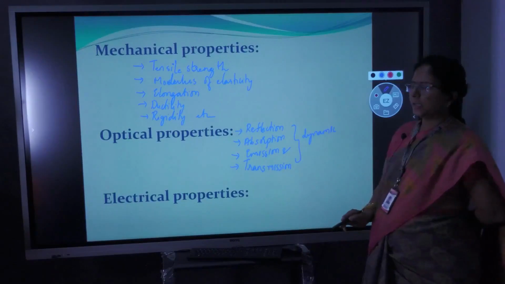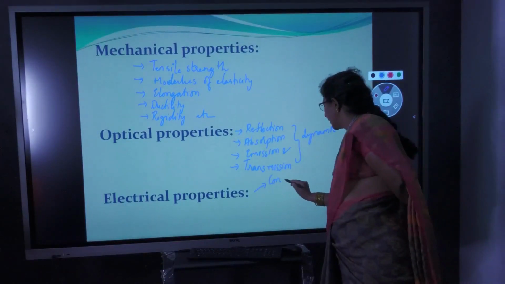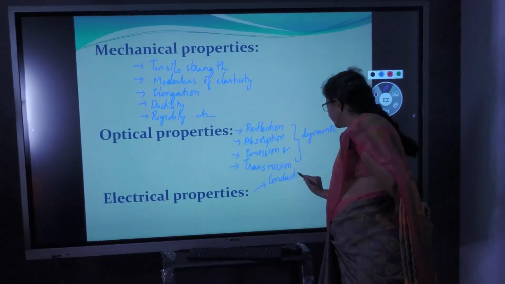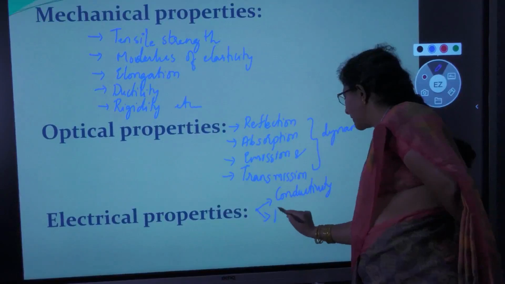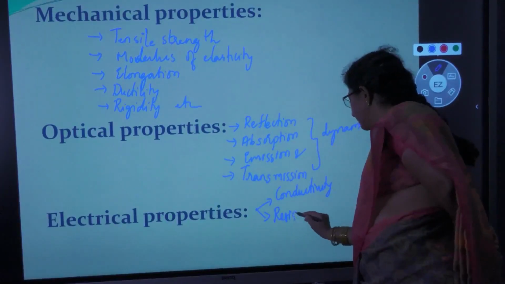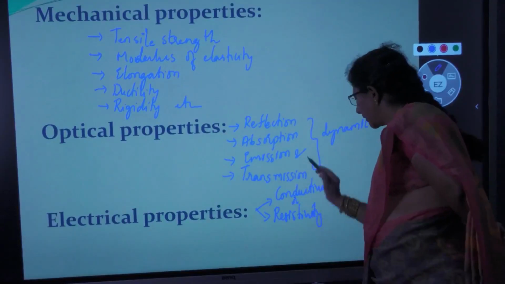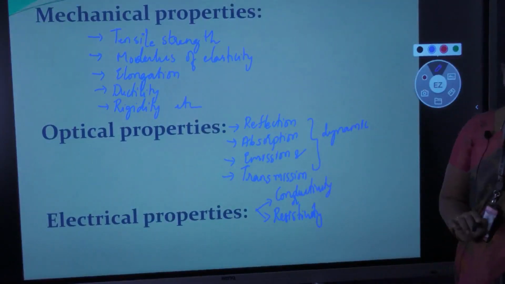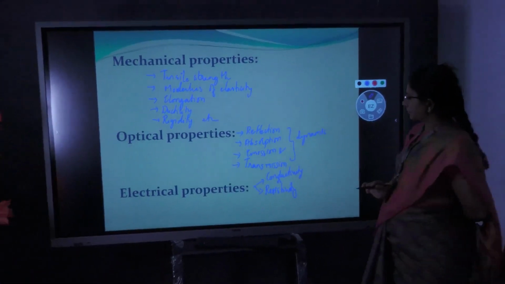And coming to the electrical properties. Electrical properties means conductivity or resistivity. Conductivity or resistivity will come under electrical properties.